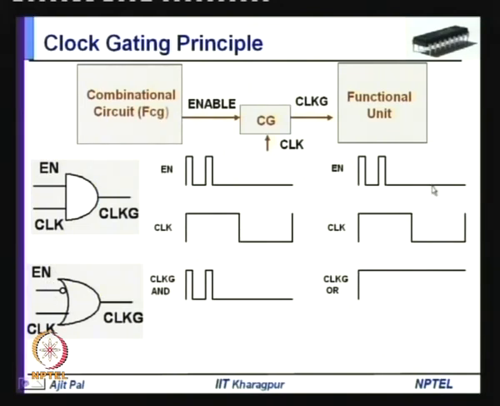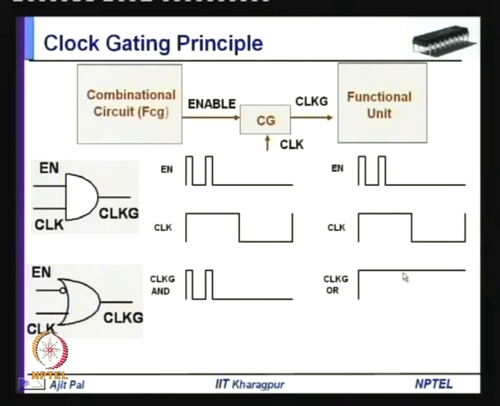That means this glitch will not reach the output, because the output is already clamped to 1 whenever the clock is 1. So, when the clock is 1, output is 1, and so this glitch will not reach the output.